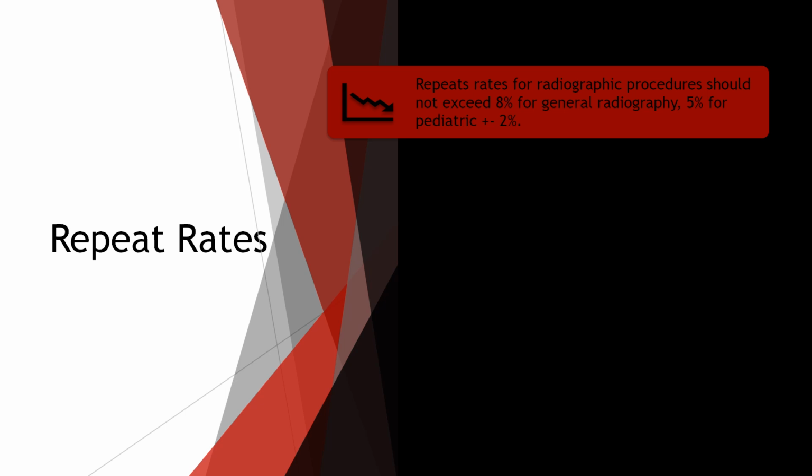You can say, that was, you know, 9%, but maybe the data wasn't collected correctly, right? But if you're generally under 8%, you're in a good spot. Okay, your repeat rate is low.